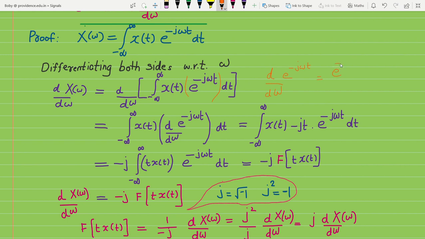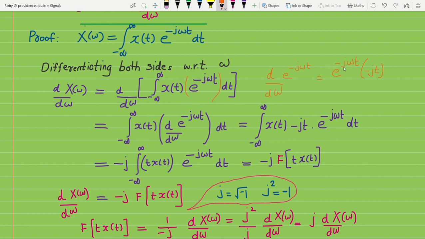That is, this will be e raised to minus j omega t into minus j t. Okay, e raised to minus j omega t into minus jt.